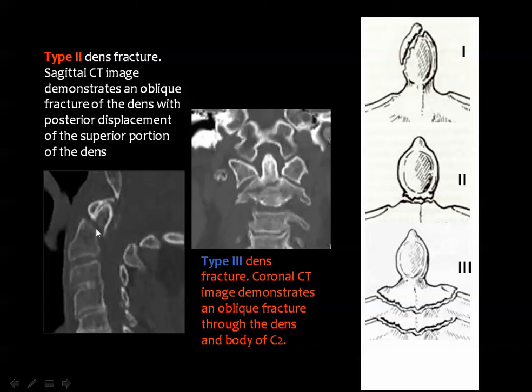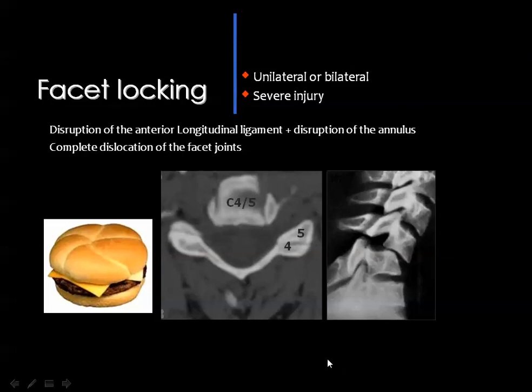And this is type 2 odontoid fracture in the sagittal reconstructed image by CT. There is fracture of the base of the odontoid process. And this is type 3. There is fracture of the base of the odontoid process together with part of the C2 vertebral body.